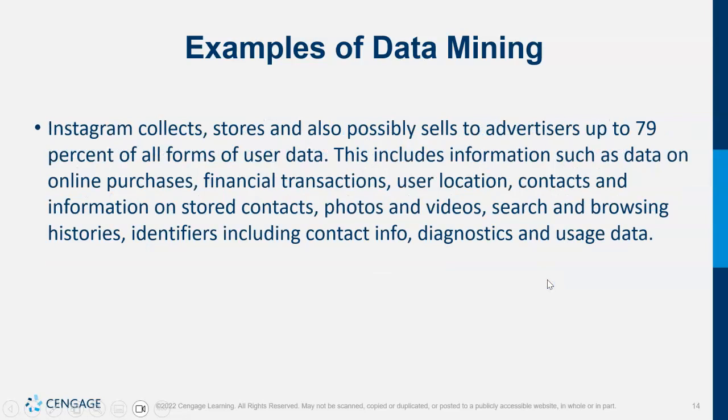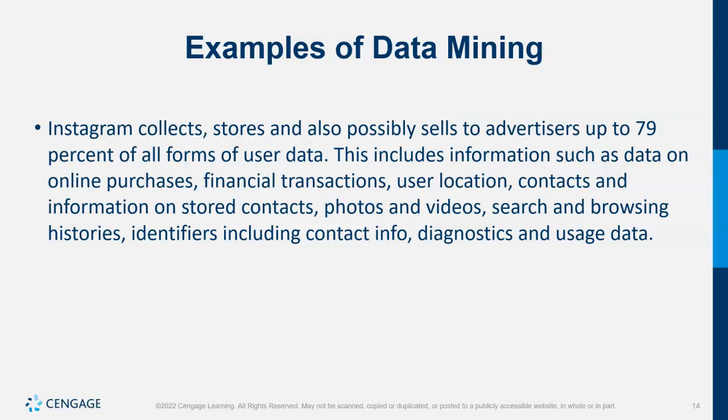And then Instagram collects, stores, and probably sells to advertisers up to 79% of all forms of user data. This includes information such as data of online purchases, financial transactions, users' location, contacts, information on stored contacts, photos and videos, search and browsing histories, identifiers, such as your contact info, diagnostics, and usage data.